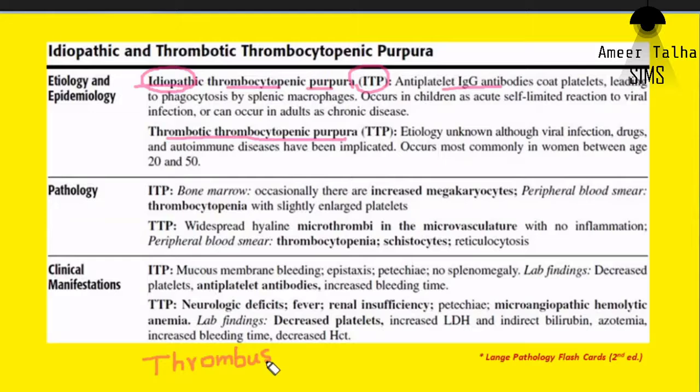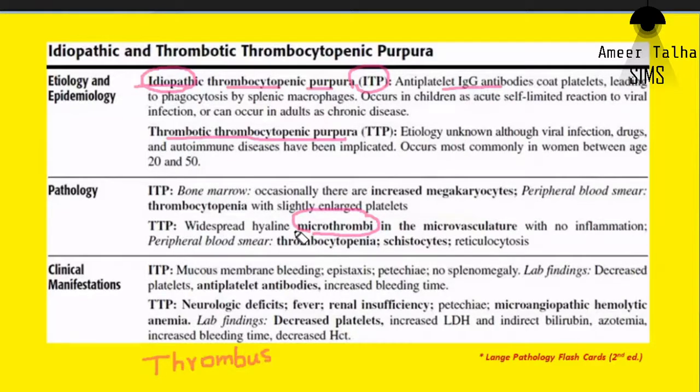And formation of these small size thrombi occurs in thrombotic thrombocytopenic purpura, and we call these microclots microthrombi. Micro means small size. Small size blood clots are formed throughout the vascular system.